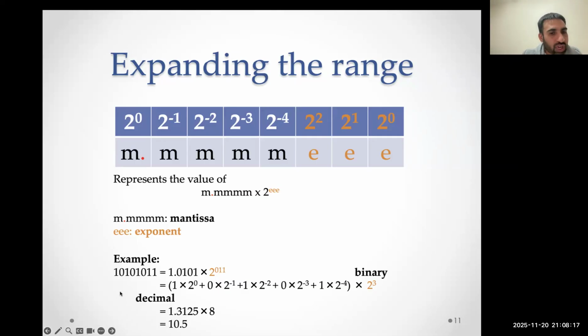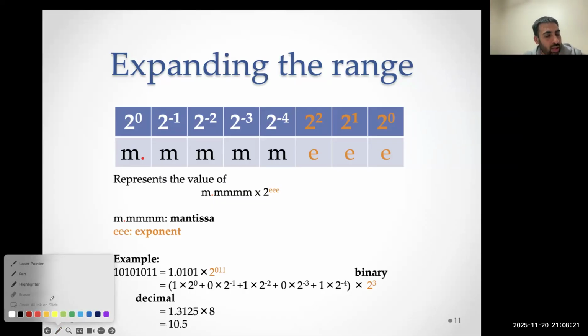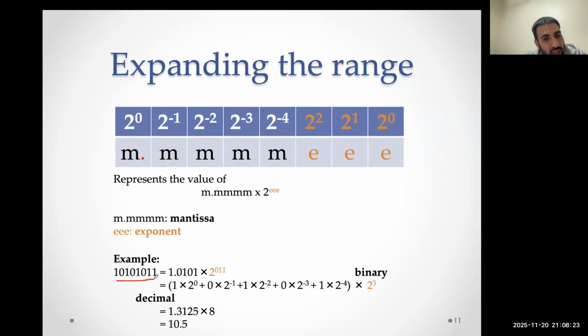So for example, if you have this bit pattern, 10101011, it all depends upon your interpretation. If you interpret this bit pattern as a regular binary number, what will be the equivalent decimal value? Again I have two choices: to consider it as signed or as unsigned.